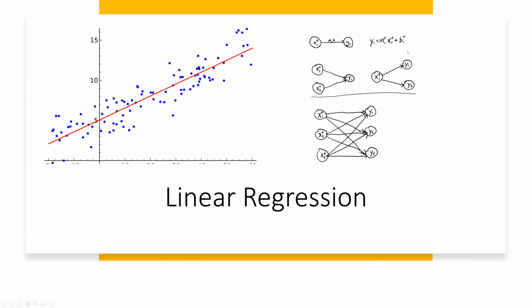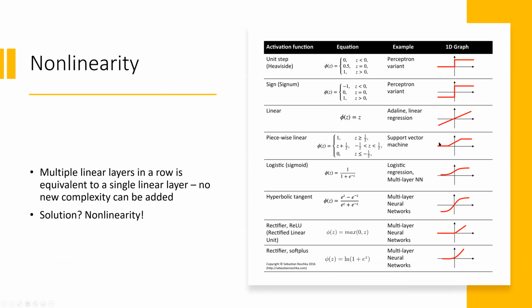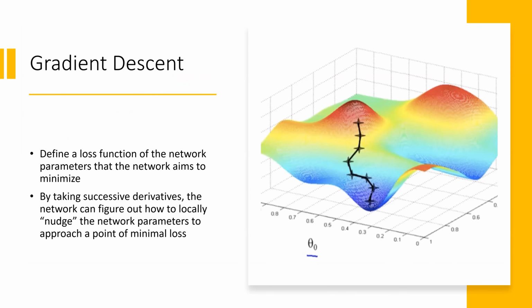We have to learn these weights. The way that I typically like thinking about these networks is that it's some kind of black box with a bunch of parameters inside. It's some kind of function with a bunch of parameters, but the function takes in the input and eventually outputs whatever your output wants to be.